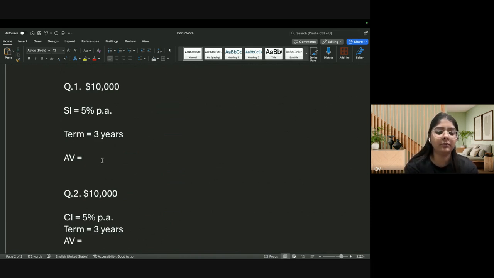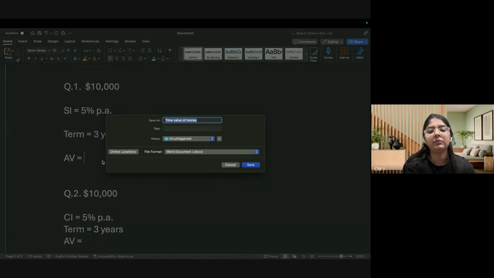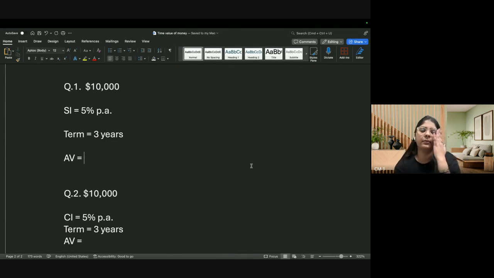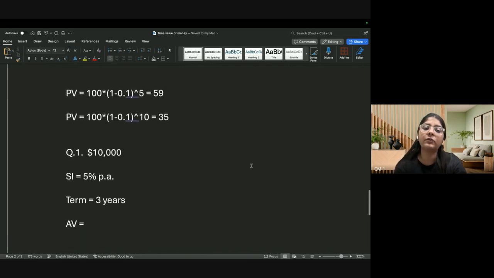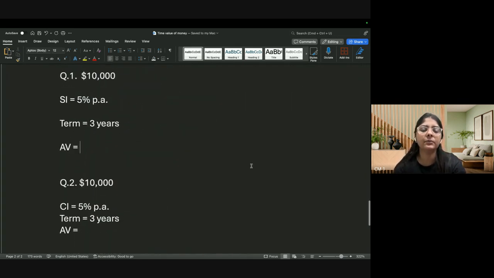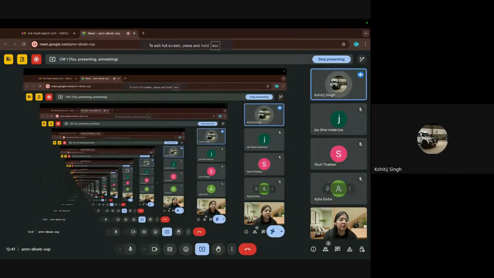Formula for AV? We've done this. All of the formulas we have discussed previously. This is a simple interest, 5% for 3 years. You can also write accumulated value in chat.